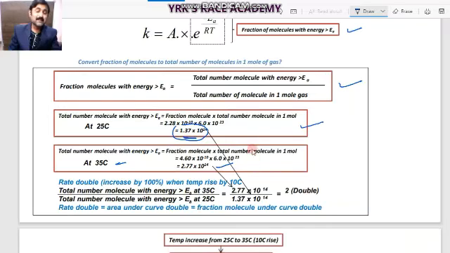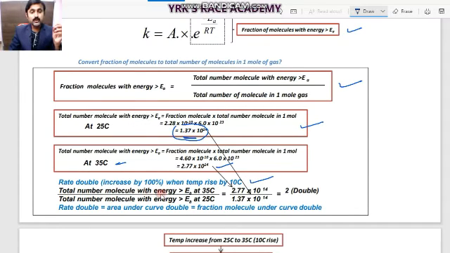So whenever you calculate for 1 mole, the result is the same: the number of molecules doubles, meaning product is forming to a greater extent. As the temperature increases, the rate constant doubles. So the rate doubles, an increase of 100%, when the temperature rises by 10 degrees Celsius.